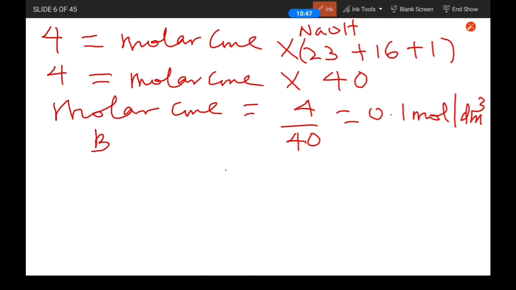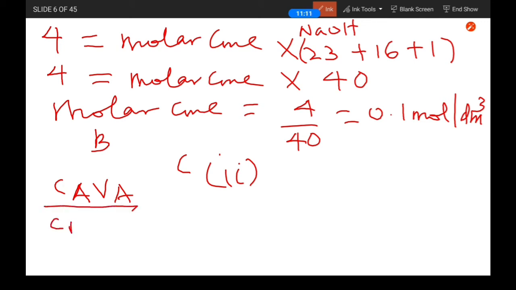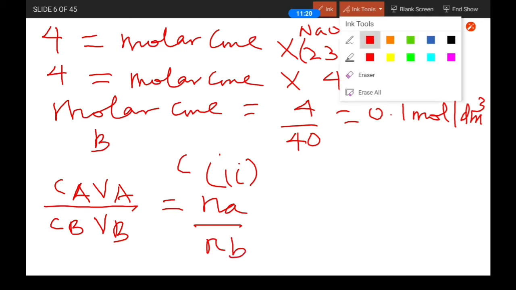Now part 2 says C2. It said find the molar conc for solution A. To calculate the molar conc for solution A, we need to use the formula CaVa over CbVb equals Na over Nb, because we know Va, we just calculated Cb, and we know Vb. So let's bring out the values of what we have known.